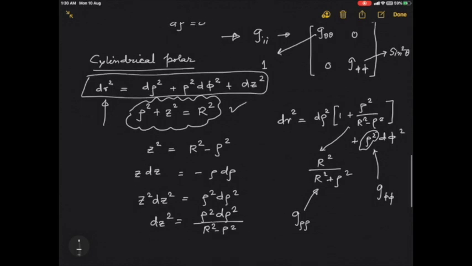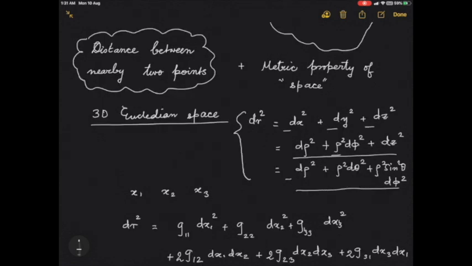I urge you to try to do the same thing with Cartesian, and you will see that the metric coefficients become more difficult. If I ask the question, what is a 2D Euclidean metric, that you know very well, is the Pythagoras theorem, which tells you the distance between 2 points in terms of x and y.